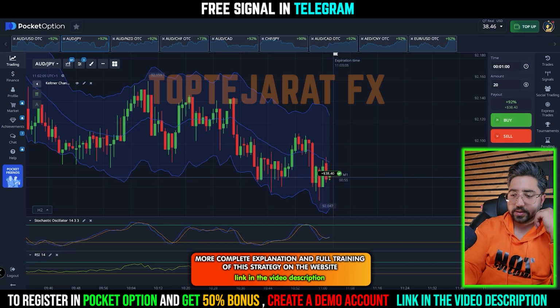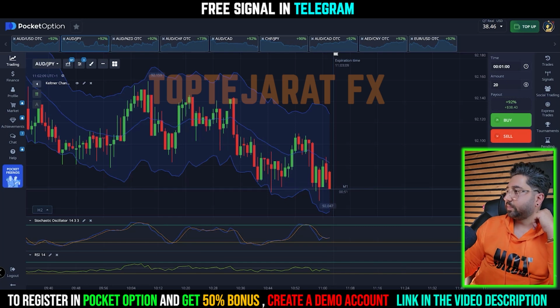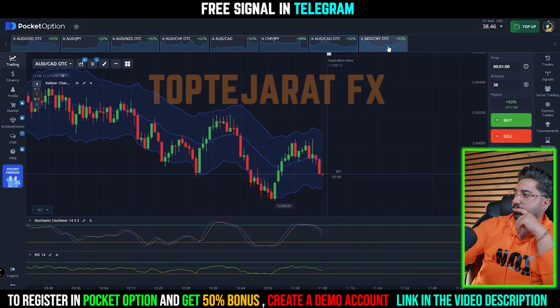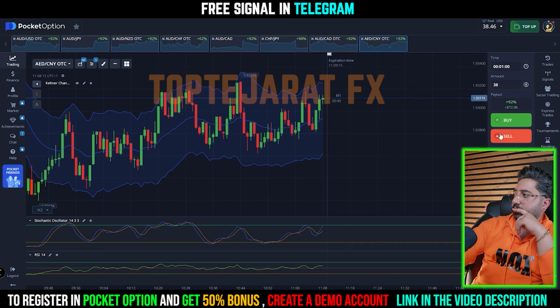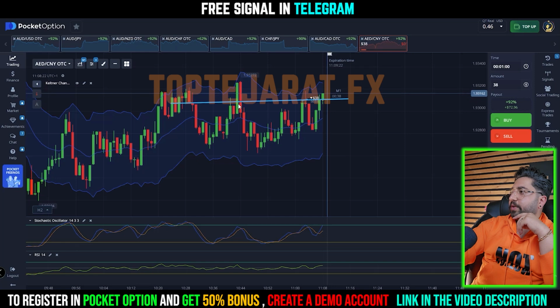Let's find another signal. Okay, my friend, look at this here in this point, the path of the market. We have 2 points here, 1 point here, and confirm the RSI. RSI confirms the path of the market. We got this touch here, touch here.